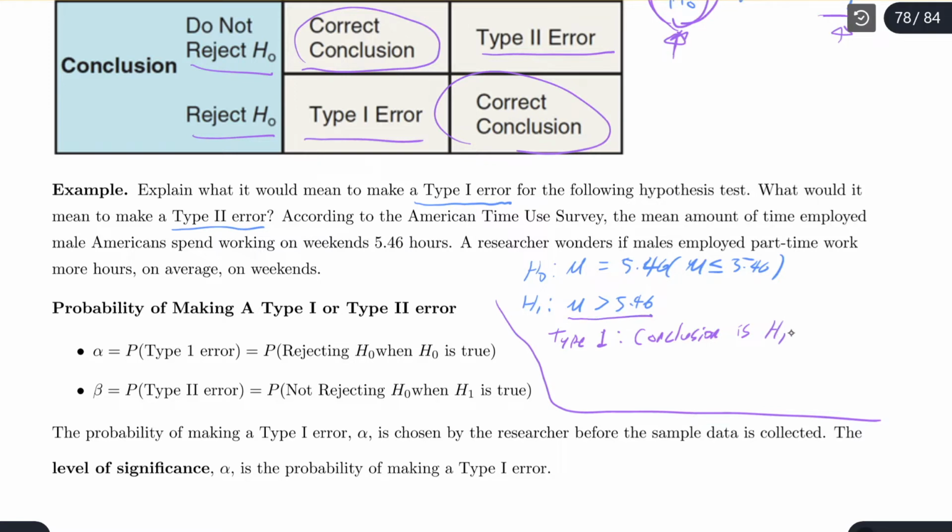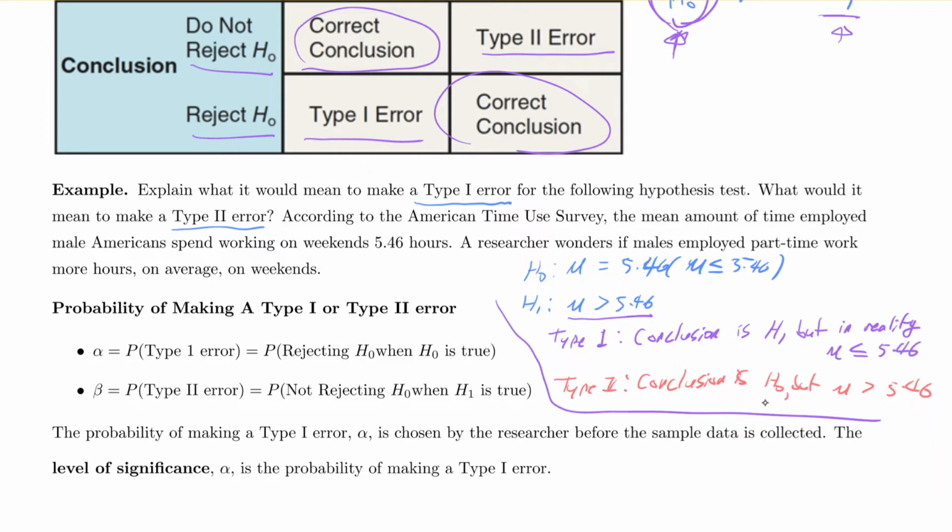But in reality, the mean amount they worked was less than or equal to 5.46. So it's an error. A type 2 error, in that case, is when the conclusion is H naught, this statement, but in reality, the mean amount they worked is actually greater than 5.46.